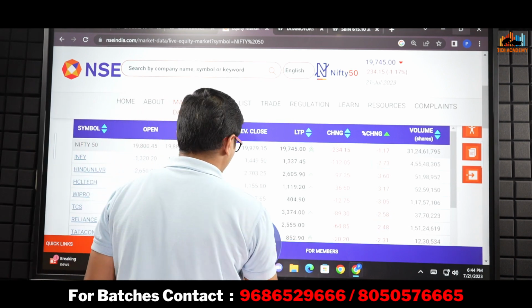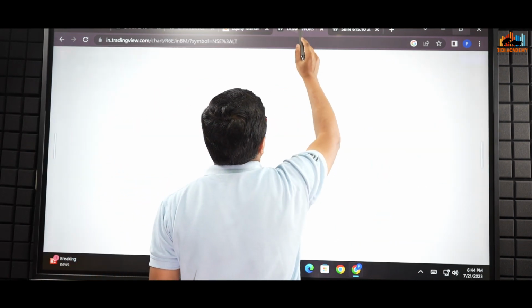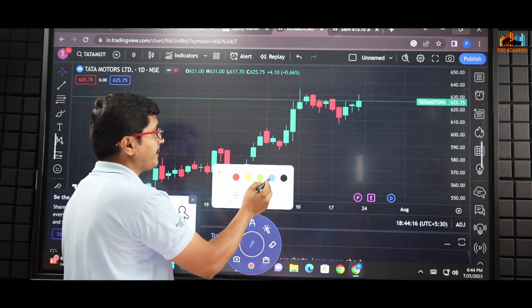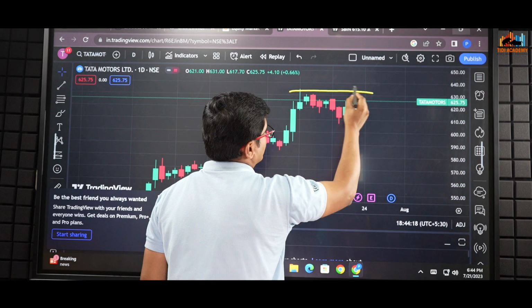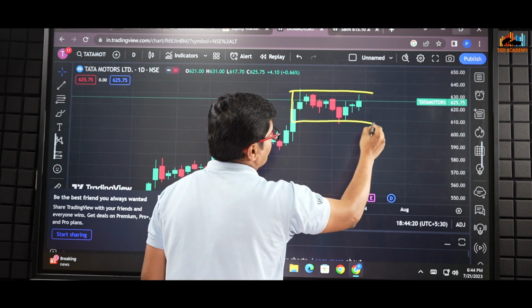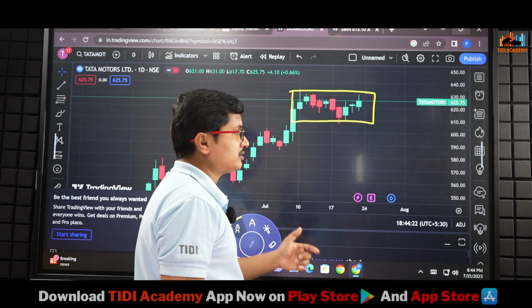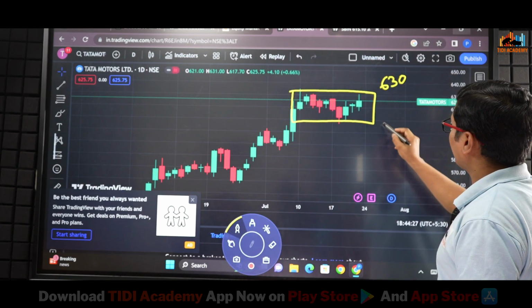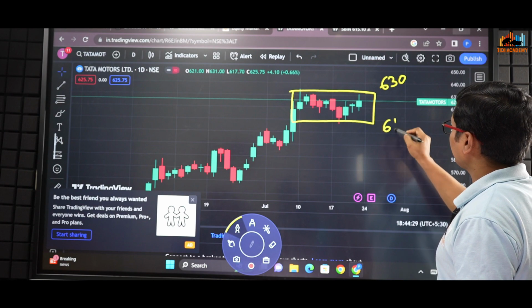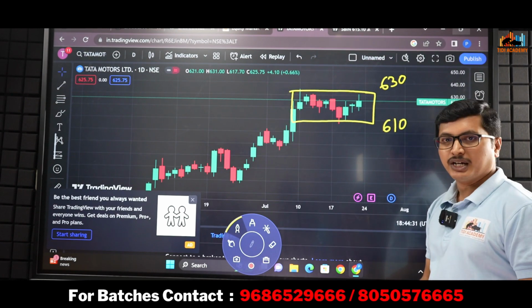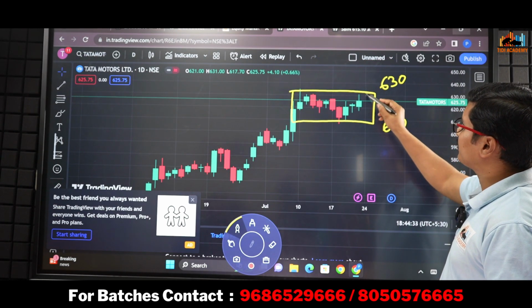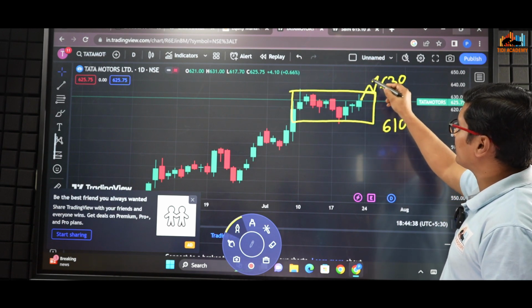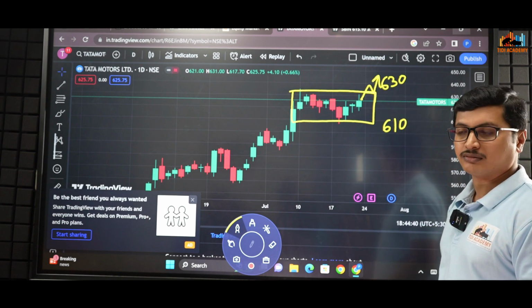Now we go to stock information. We will check Tata Motors. Tata Motors is making one complete sideways movement. The resistance is 630, and from the lower side the support is 610. On Monday or in the further days, if it breaks 630 and moves further, we can expect a further up move in Tata Motors.